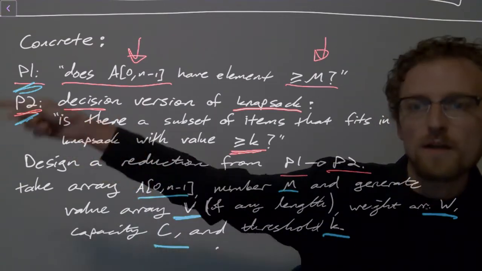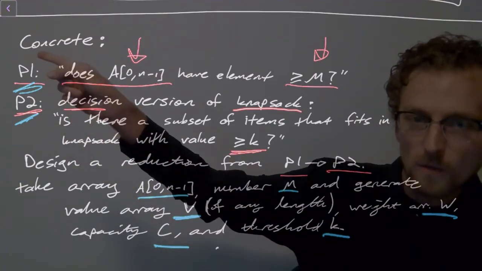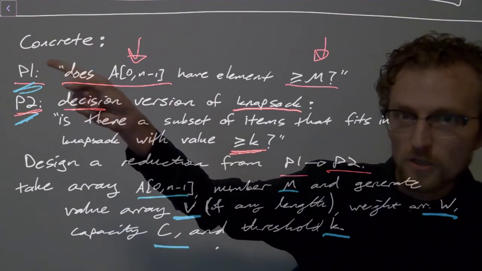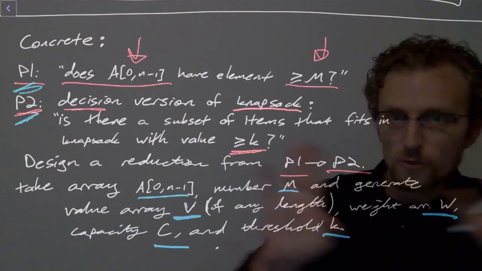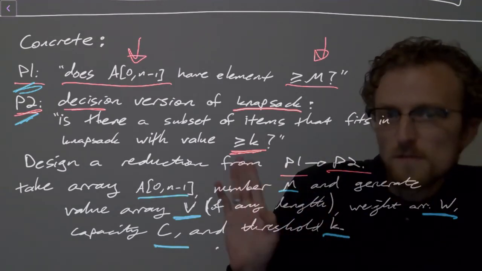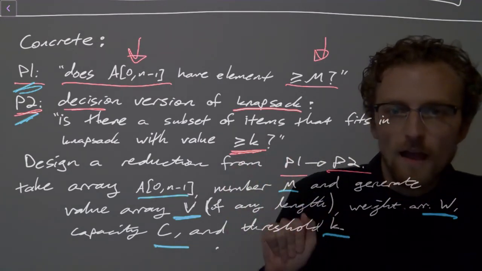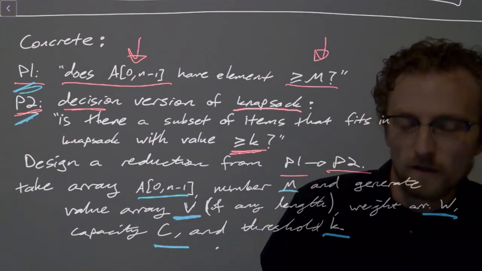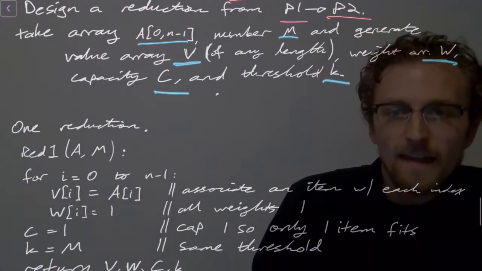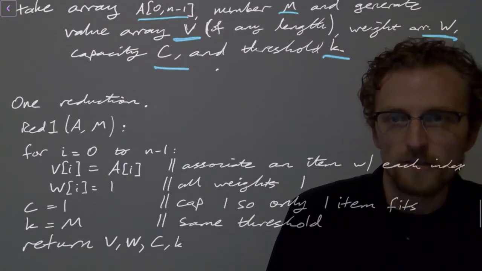And vice versa, if I give you an instance of P1 that is a no instance, the reduction had better generate an instance of P2 that is a no instance. Those are our rules. They have to be valid instances, and they have to have the same output associated with them. So here's an example of a problem reduction that does the trick.